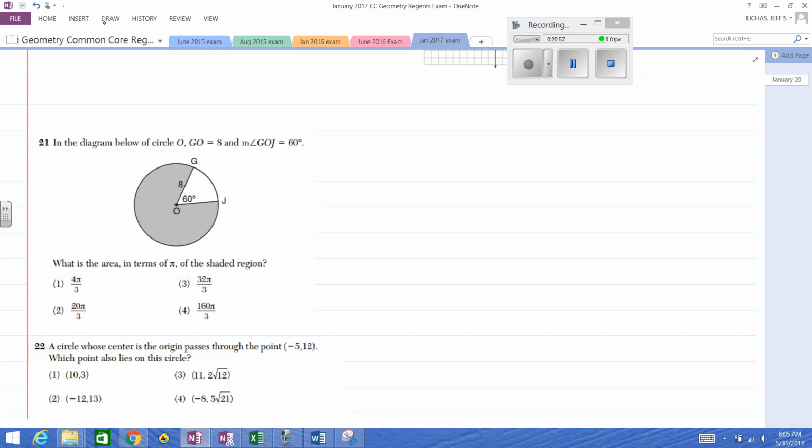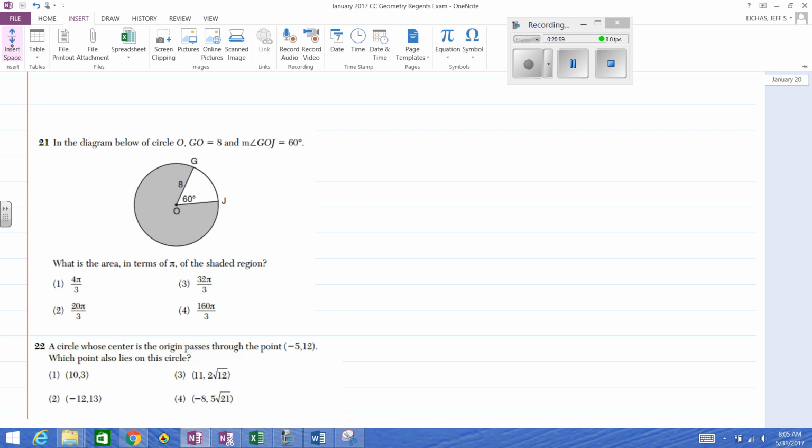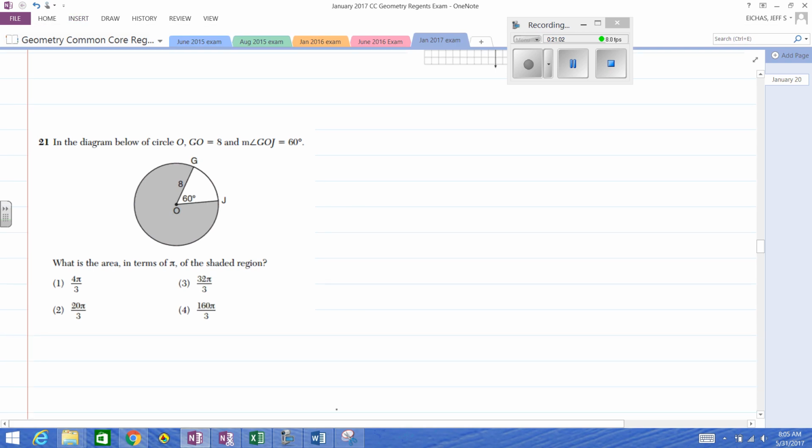I got tricked on this one when I first did it. What you've got to be careful of is this is 60 degrees in here, but they want the area of the shaded region. So the first thing I did was subtract 60 degrees to go to 300 degrees. So from here to here is 300 degrees.